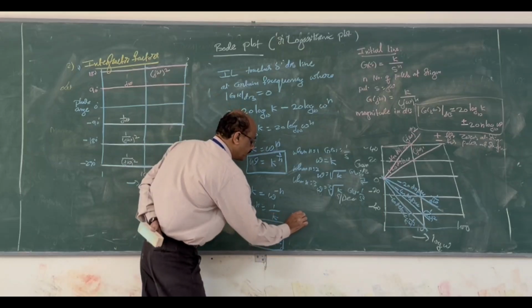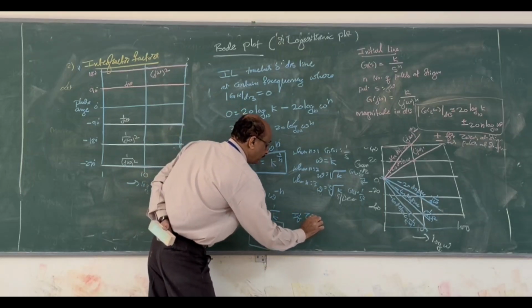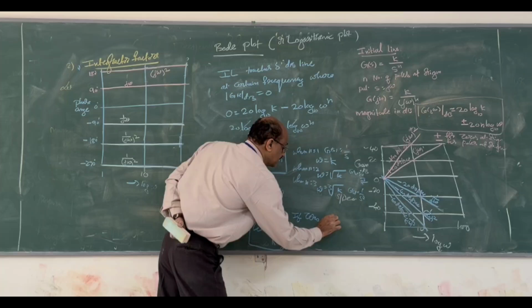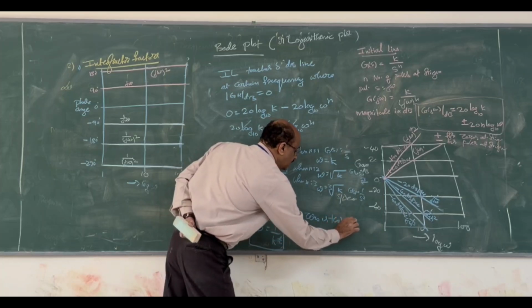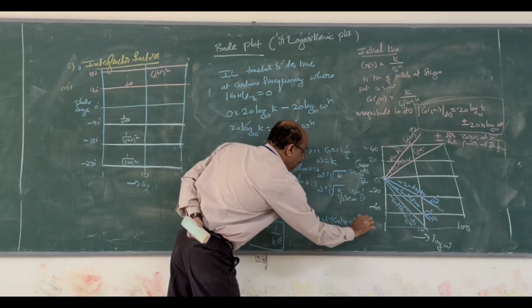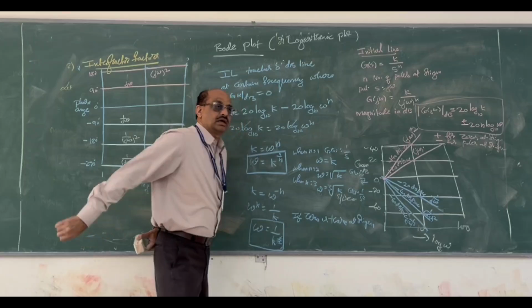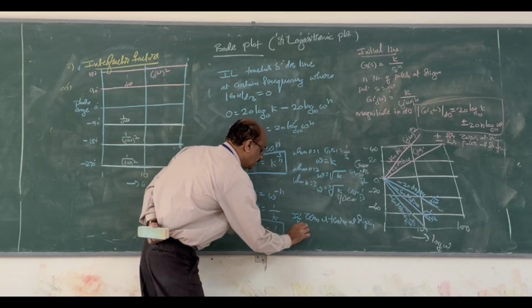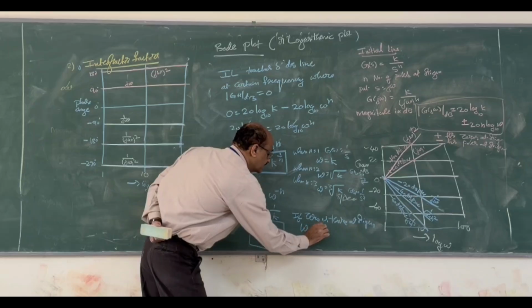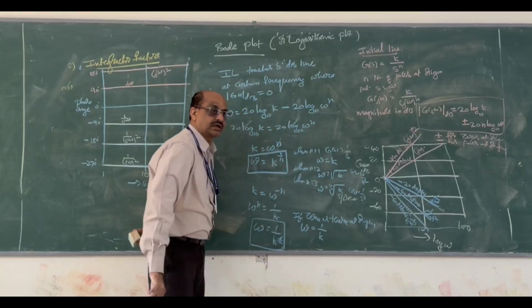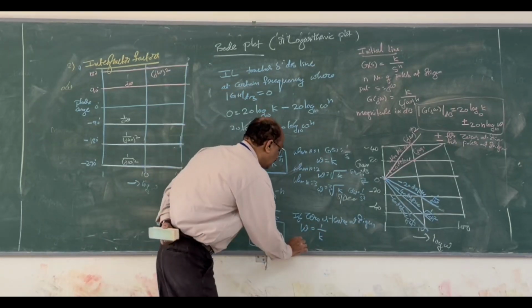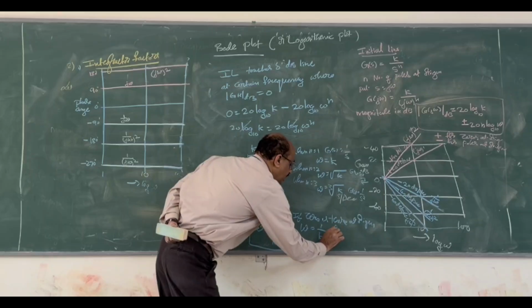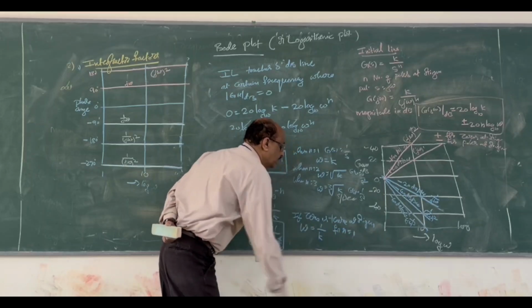If a 0 is there at origin, s to the power of 1, then omega intersects the 0 dB line at 1 by k, for n equal to 1.